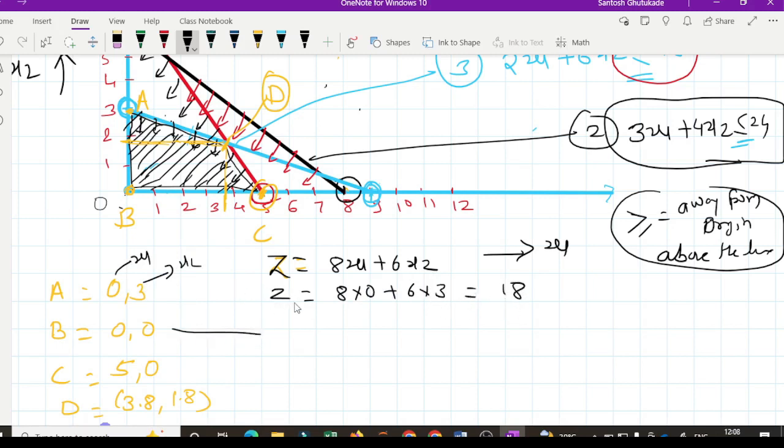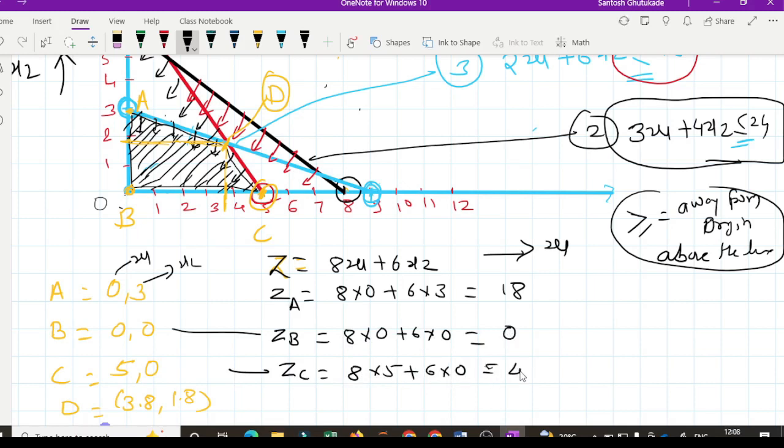Similarly, putting the coordinates of point B, you will get 8 into 0 plus 6 into 0, which is 0. For C, ZC is 8 into 5 plus 6 into 0, which is 40. And for the last, ZD, you will get 8 into 3.8 plus 6 into 1.8.